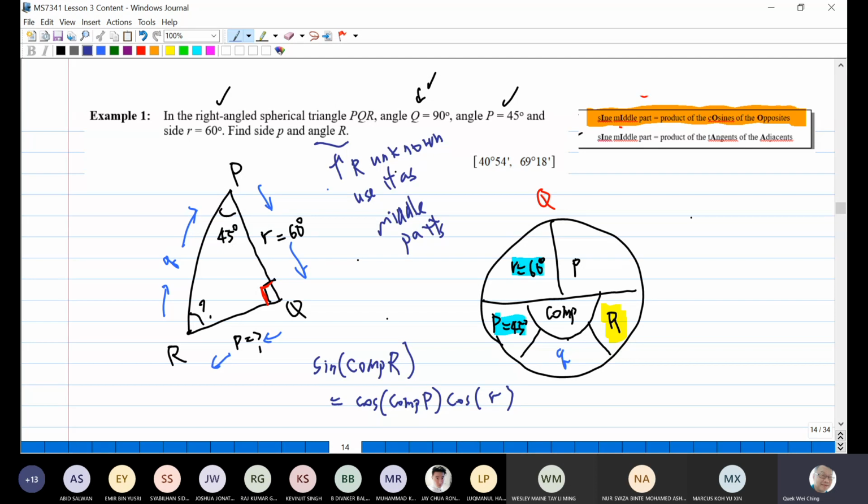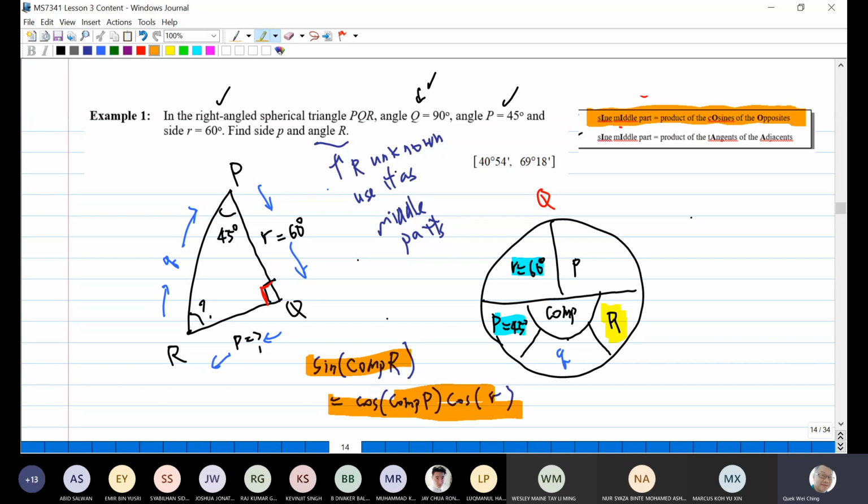Okay, so I'm using the first rule. Using the first rule here, sine of com R equals product of cosine of the opposite. Opposite of R is sine R and P. So let me copy this to the next line, then we continue, right?